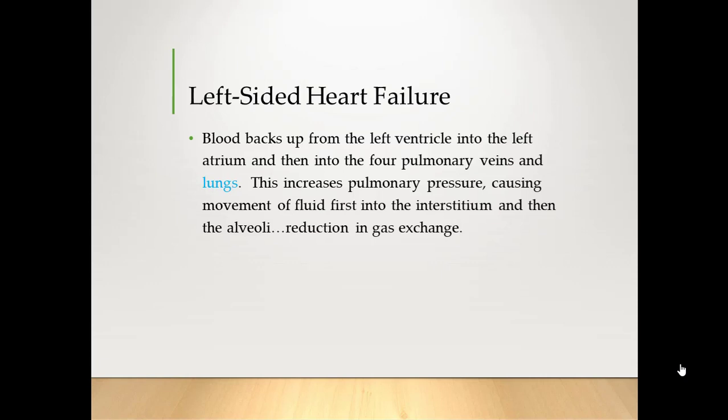So just remember that with left-sided heart failure, the lungs are affected first. You're going to see things like increased pulmonary pressure, and they're not going to be able to have that gas exchange like they should. More often than not, people with left-sided heart failure are going to be short of breath with any activity or exertion.